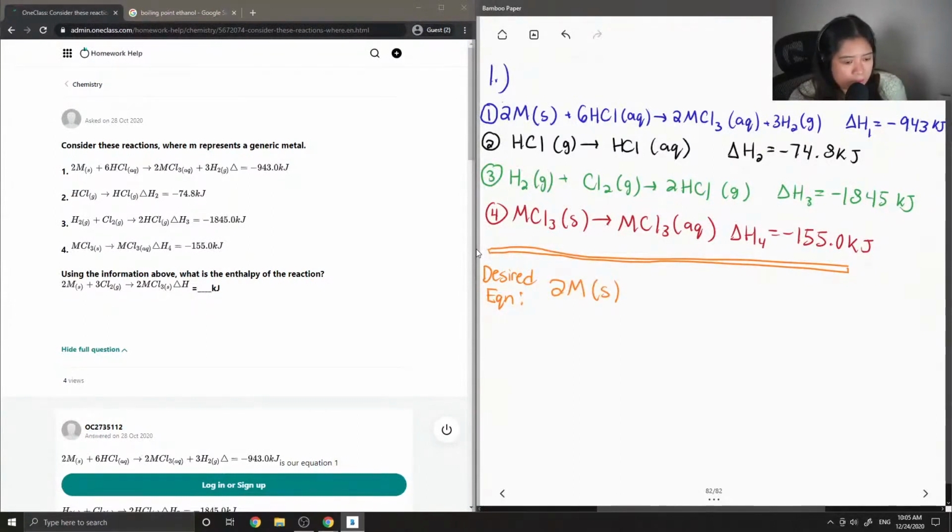So ideally, we want 2M solid plus 3Cl2 gas makes 2MCl3 solid.